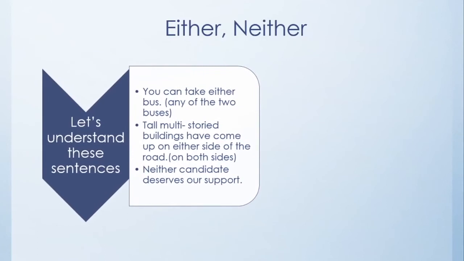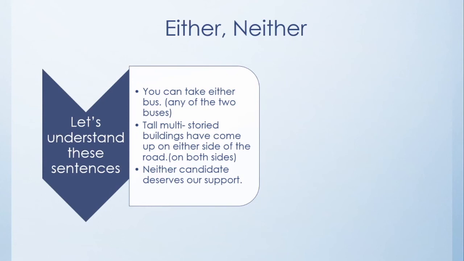Either, neither. You can take either bus. Tall multi-story buildings have come up on either side of the road. In the first example, it tells us that the person has a choice. You can choose any of the buses from among them.